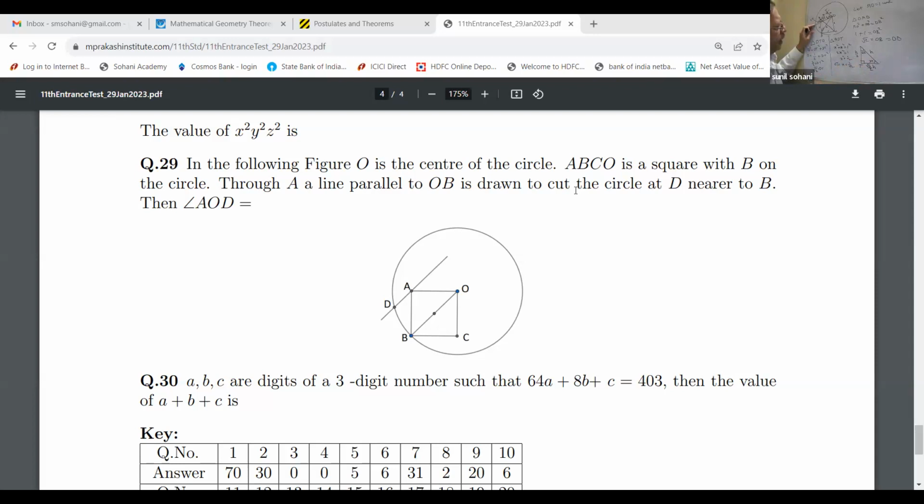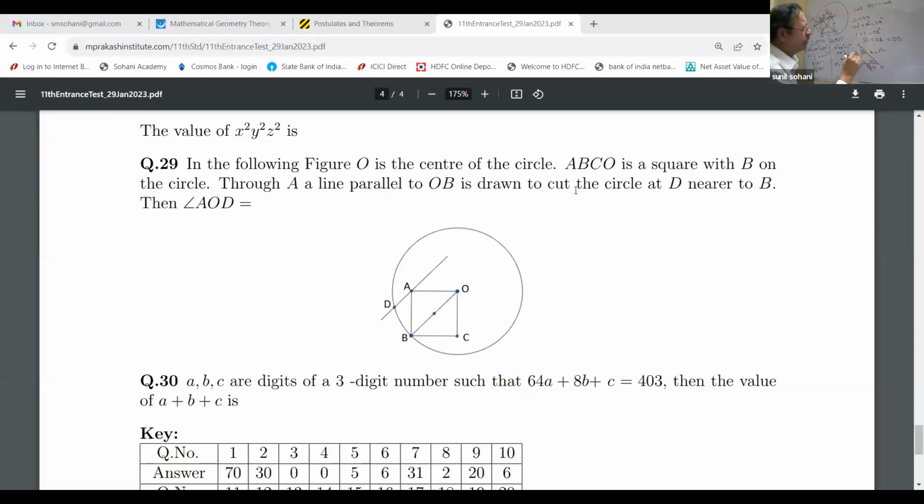Then angle ODT will be 60, so DT is opposite to 60, and the last one is O. If you compare these values with the hypotenuse and its relation with 30, 60, my hypotenuse is OD, which is root 2.